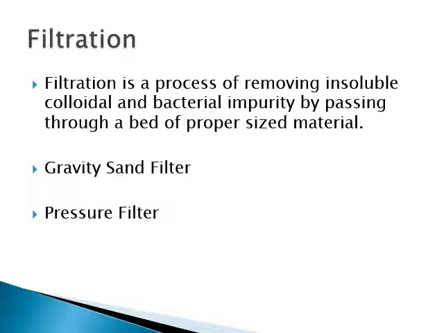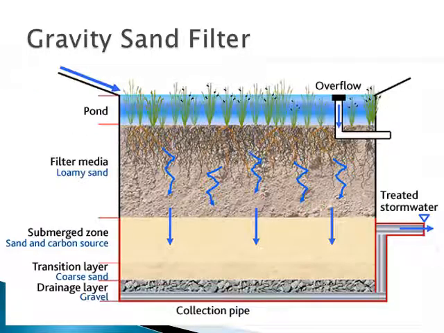Coagulation is followed by filtration. Filtration is a process of removing insoluble, colloidal, and bacterial impurities by passing the water through a bed of properly sized material. Examples of filters are the gravity sand filter and the pressure filter. Here we observe the gravity sand filter.